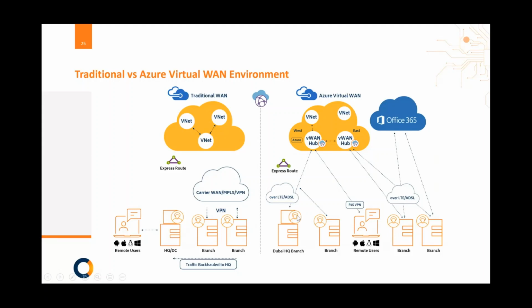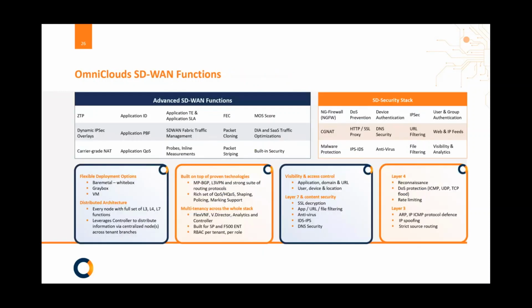We have multiple Virtual WAN hubs in the region, and these hubs are connected to each other to provide you redundancy, right? So if there's downtime for some of the Virtual WAN hubs, your CPEs will automatically connect to the nearest Virtual WAN hub. Okay, so this is all about Virtual WAN.